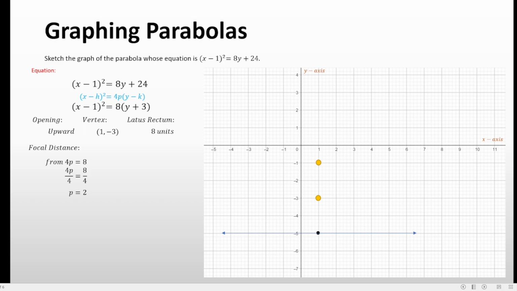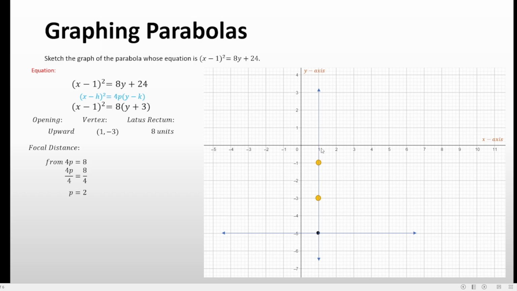If you have remembered the complete elements of the parabola, you must have remembered that when the parabola is opening upwards, the directrix is always horizontal. But if not, just use simple logic. If I do it vertical, it passes through the vertex, so it's not possible. So I should do it horizontally. Hopefully it helps. Then we have the axis of symmetry.